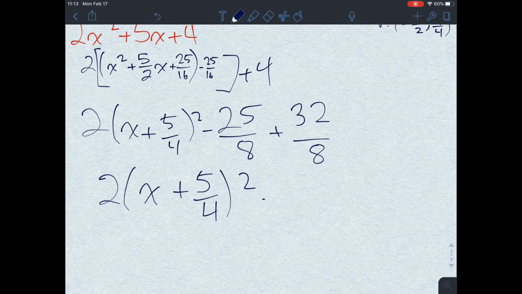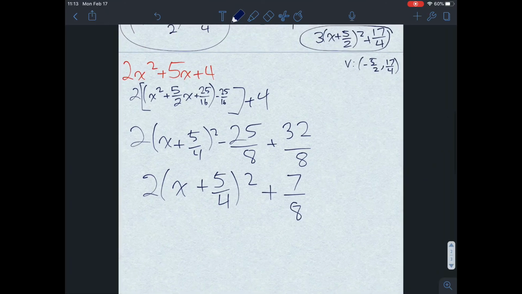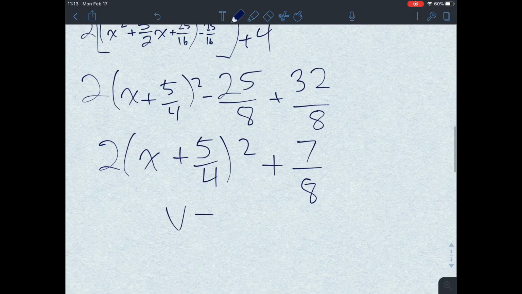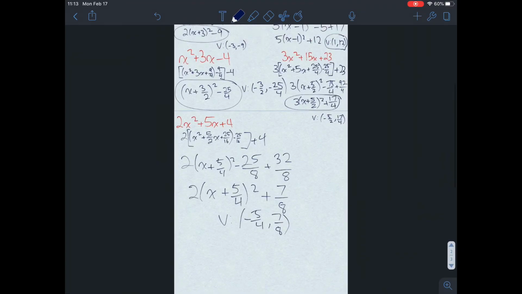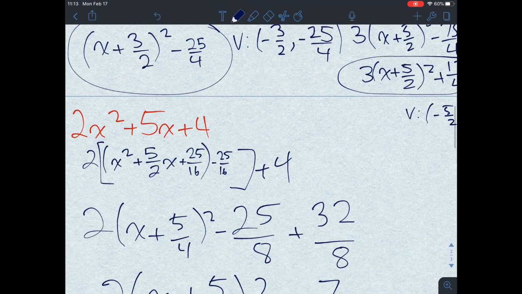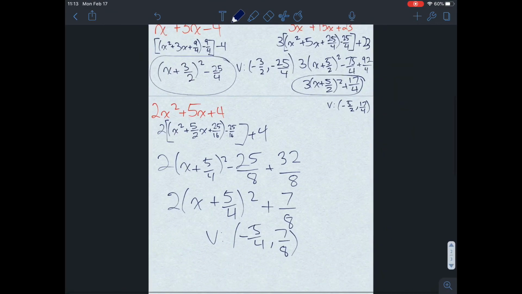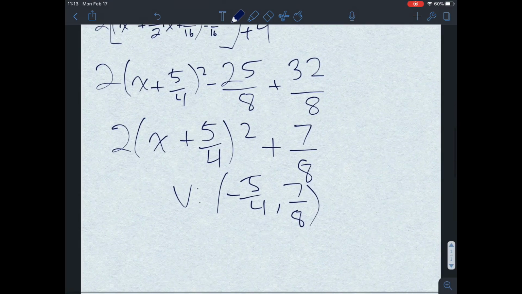And then you do plus 7 over 8. And then our vertex would just be -5 over 4, 7 over 8. And when you want to make sure that the problem is right, you could just plug in x to see if you get y.